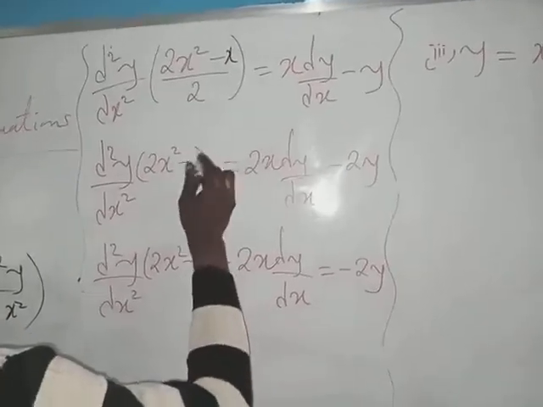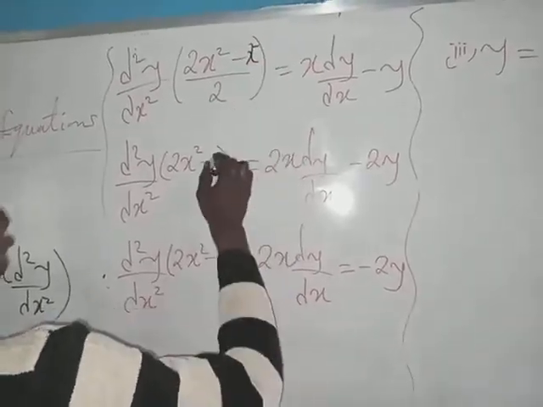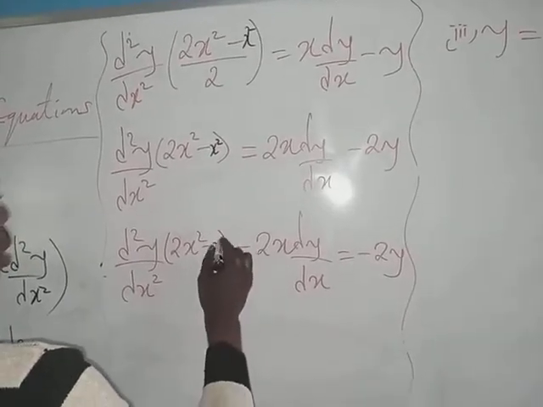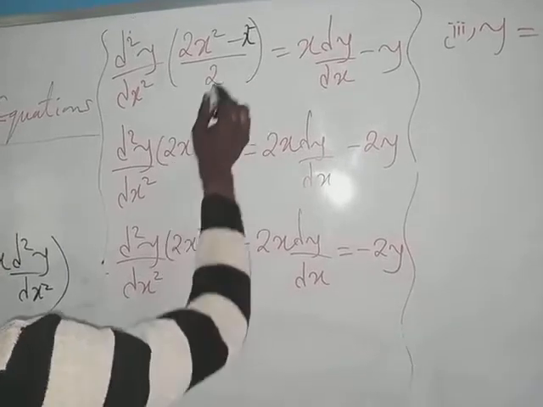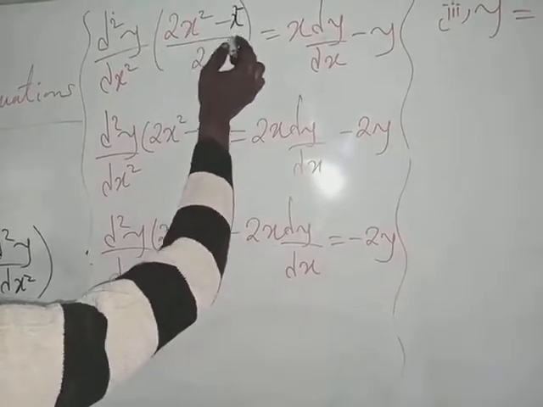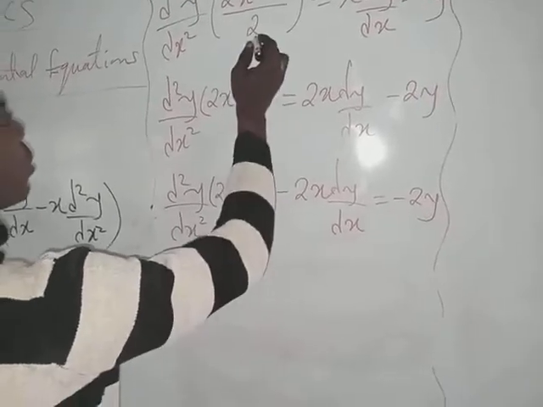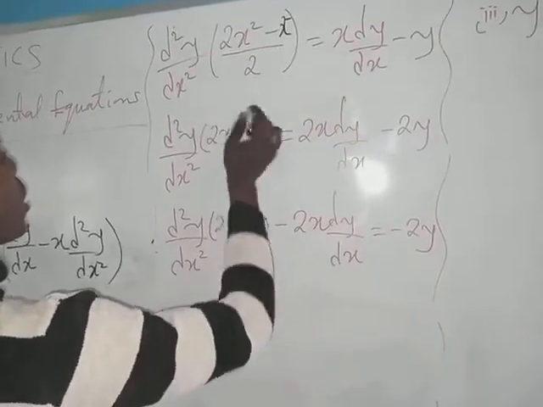So this will give us x squared. If there's x squared here, we still have over 2. So this will be x squared.